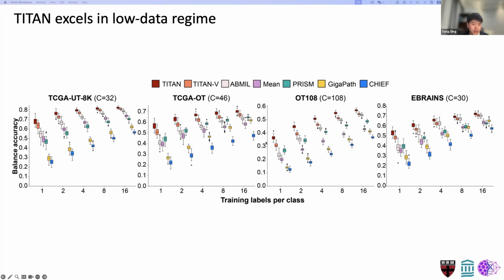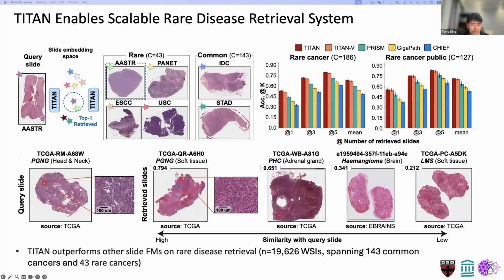And in some cases, for example, TCGA OncoTree classification, using 1 sample per class, Titan can already be better than other models using even 16 samples per class.